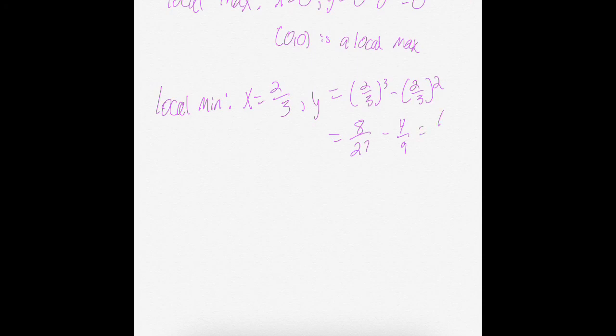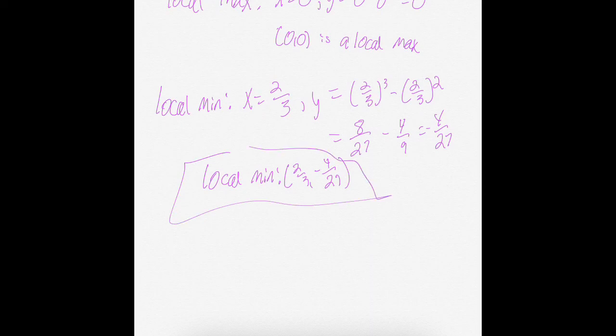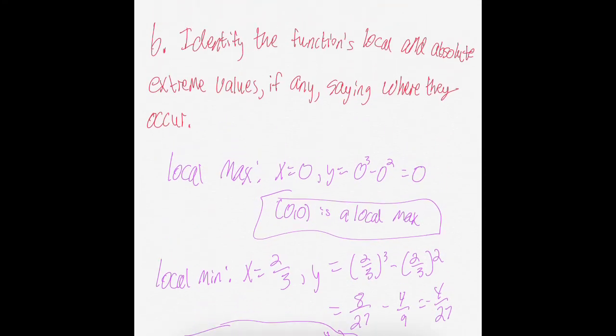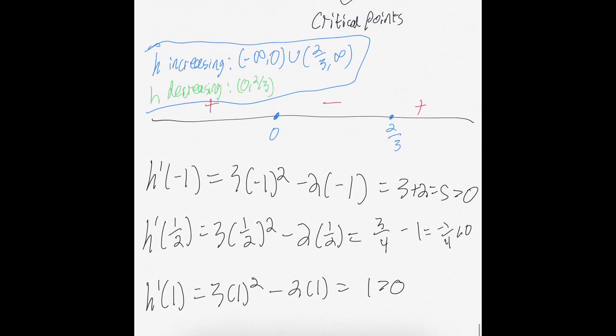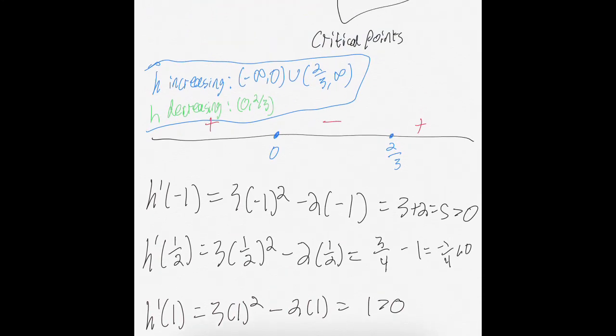And let me see, that's 8 over 27 minus 4 over 9. So that's 8 over 27 minus 12 over 27, and that's going to be negative 4 over 27. I have a local min at 2/3 and minus 4 over 27.